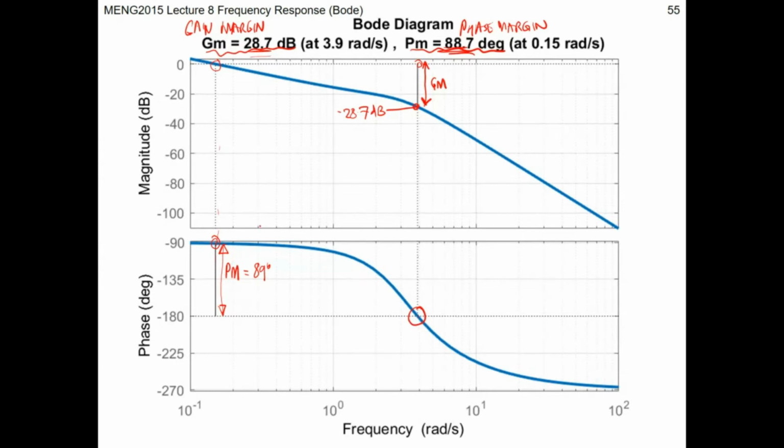Right, so our phase margin is 89 degrees. Technically what that means is you could add 89 degrees of phase lag to your system before the system becomes marginally unstable.